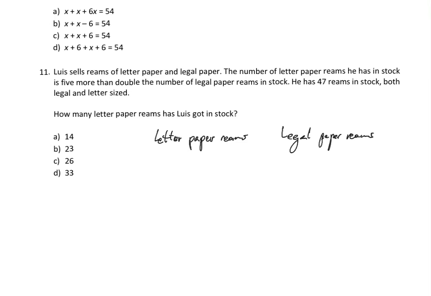So let's see. The number of letter paper reams he has in stock is 5 more than double the number of legal paper reams. So the number of letter paper reams depends on the number of legal paper reams. So legal is X. And let's see how many letter paper reams there are. 5 more.